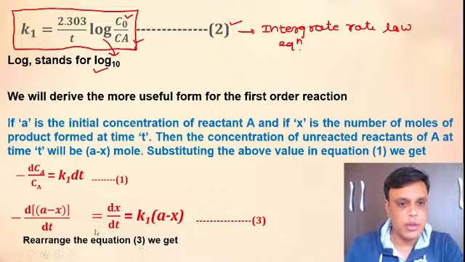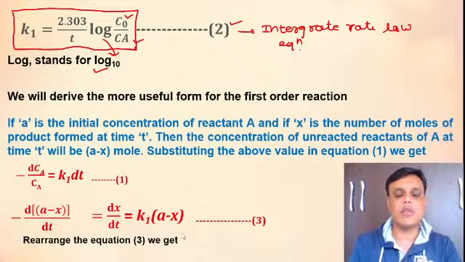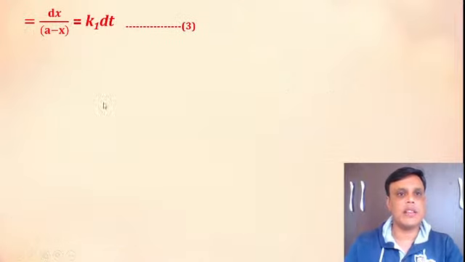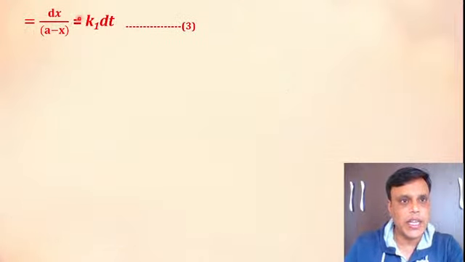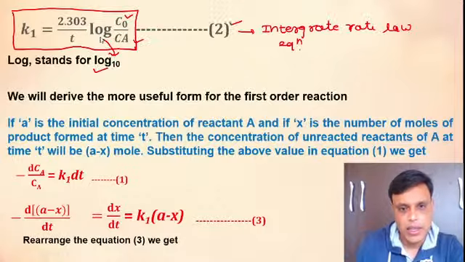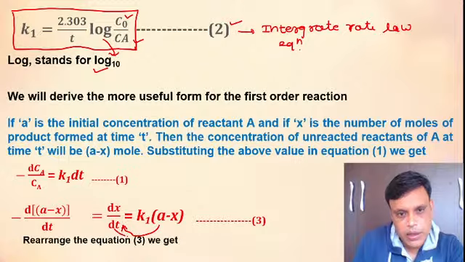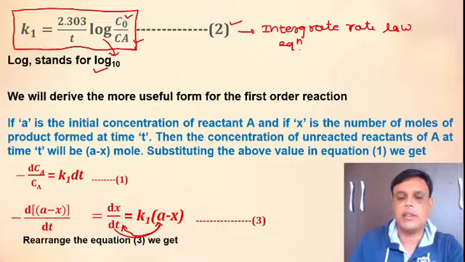We will rearrange this equation first of all. After rearranging, we get dx by A minus X is equal to k1 dt. The term which was there, we brought it here, and dt to the right hand side.